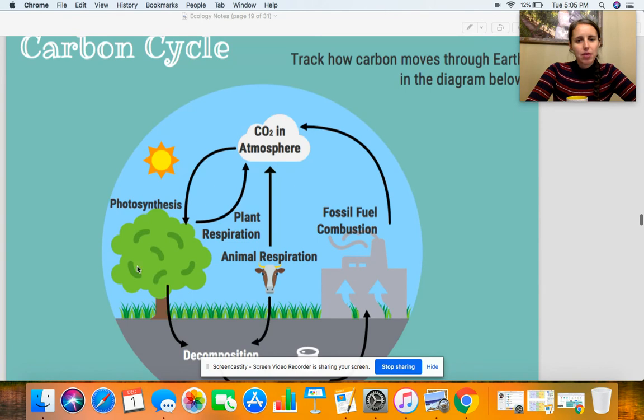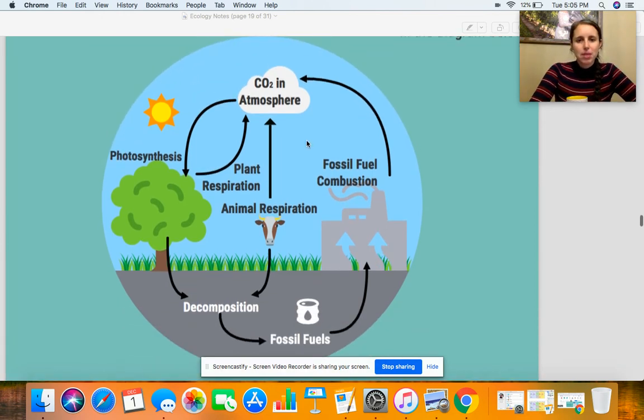This is an example of the carbon cycle in terms of a diagram. For these nutrient cycles, you're going to see these diagrams, and it just shows the cycling of carbon throughout the area. It can be a little confusing at first because carbon's moving through the atmosphere in many different ways. Photosynthesis is taking carbon dioxide from the atmosphere.